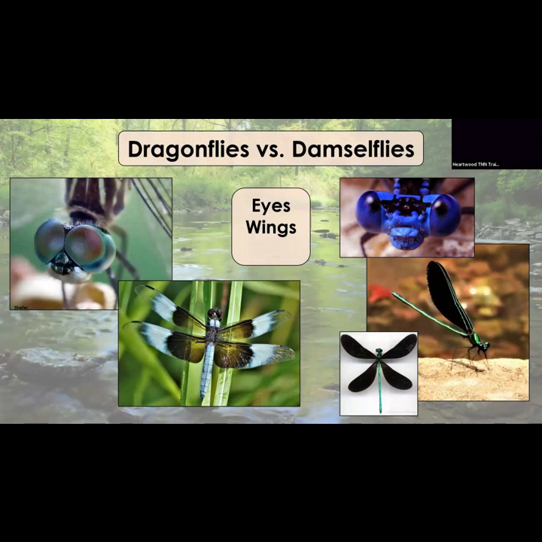Damselflies can. They have different musculature, so they're able to fold their wings flat. That's Calopteryx. But they both have two pairs of membranous wings. It's just a matter of how they're held.